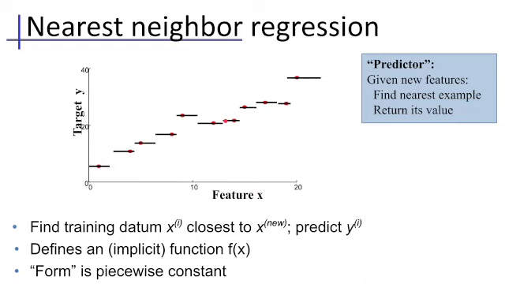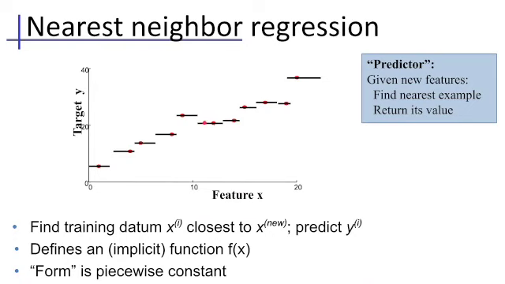Within a certain distance, its nearest neighbor is still going to be this point, right? Only after a certain distance does its nearest neighbor jump from this one to the other one. This point is located right in the middle between this data point and this data point, and only at this point does the predicted value switch from the value associated with this sample to the value associated with the other sample.